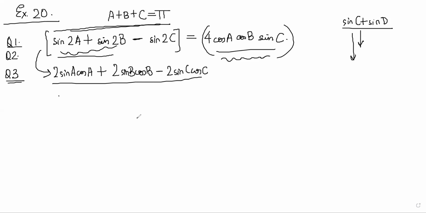Otherwise, if you take sine 2a plus sine 2b minus sine 2c, like the starting thing, you can take 2a as a, 2b as b, and 2c as c. Then you can get 2 sine b plus c cos a plus 2 sine a plus c cos b minus 2 sine a plus b cos c.